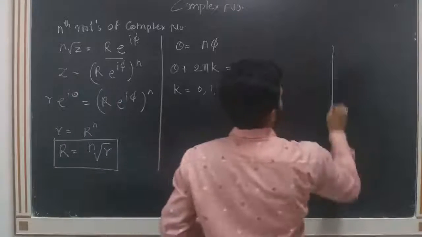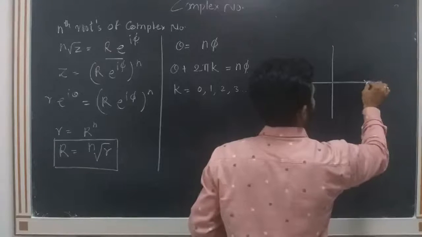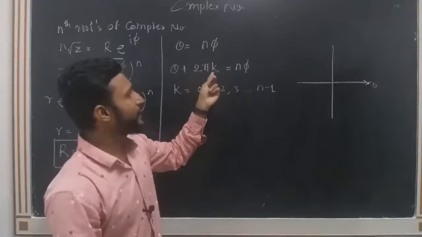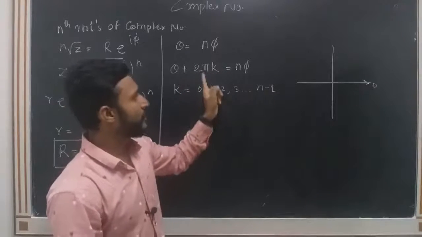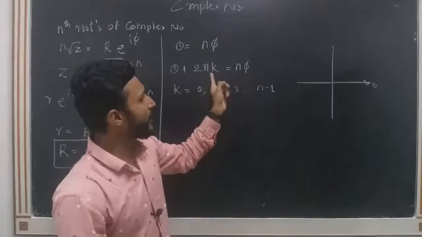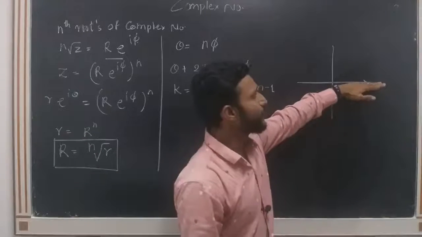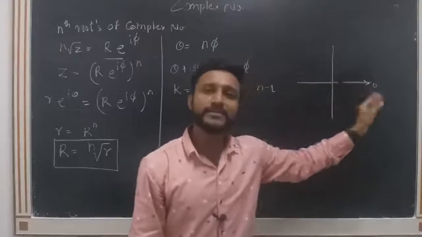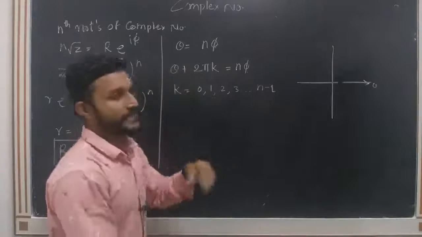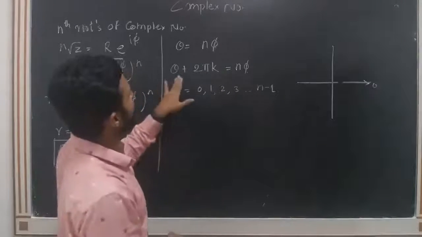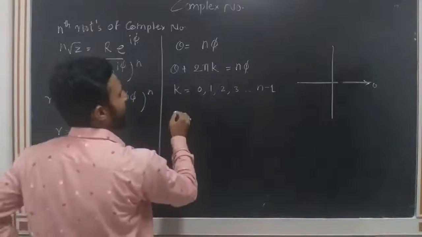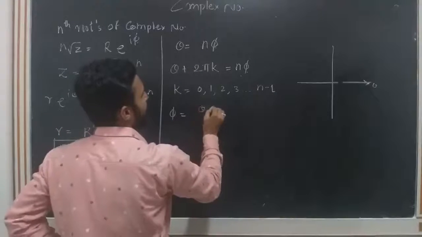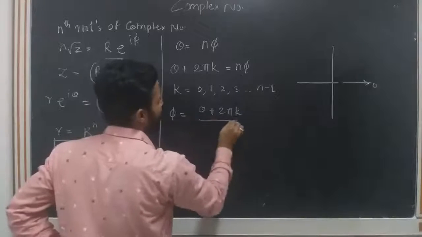For example, if we have theta 0, and we increase theta by 2 pi, if we put k equal to 1, then the value of this term is 2 pi. And if we increase this 0 angle by 2 pi, going through pi by 2, pi, 3 pi by 2 and 2 pi, the theta remains unchanged. So for the distinct values of the roots, we need to add this term 2 pi k. Therefore we need to find phi here. Phi is equal to (theta plus 2 pi k) upon n.